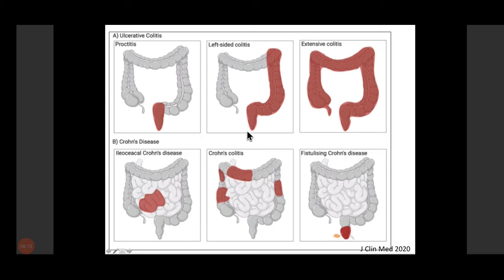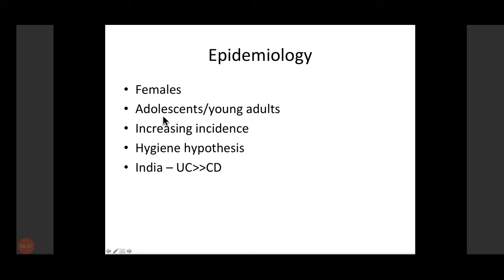Ulcerative colitis, a continuous involvement of various parts of the intestine, whereas Crohn's disease, patchy involvement of various parts of the intestine with intervening normal mucosa, and sometimes only the rectum can be involved, similar to ulcerative colitis, but usually here then there are fistulas and fissures that are present in the rectum, unlike in ulcerative colitis.